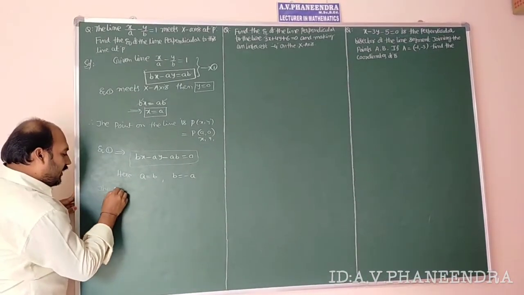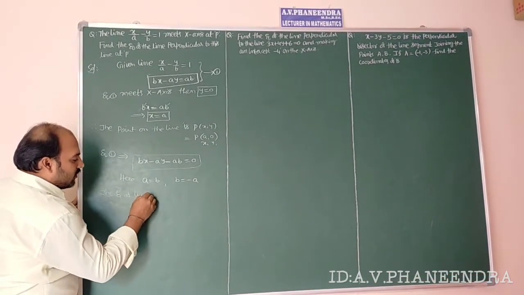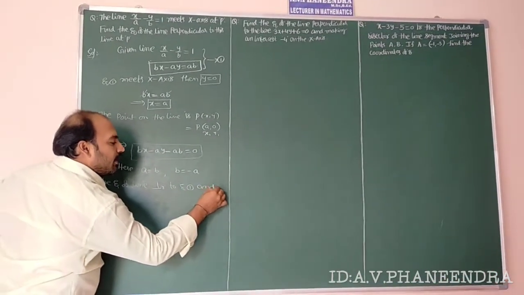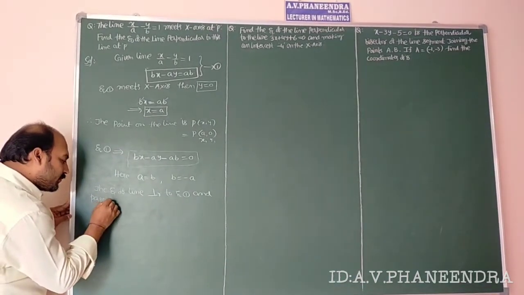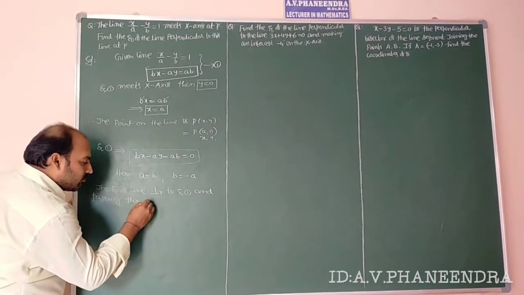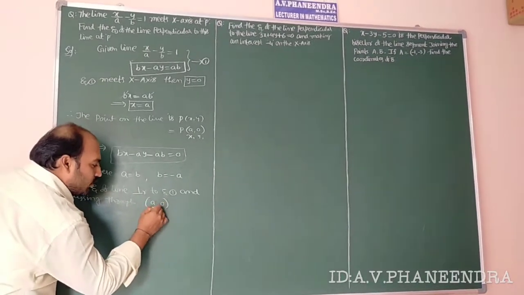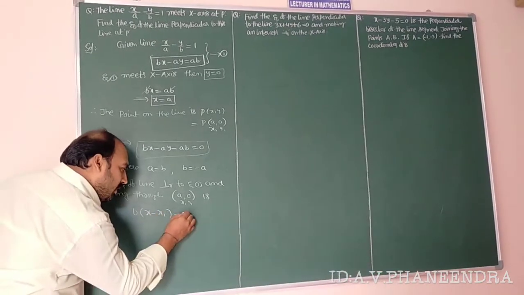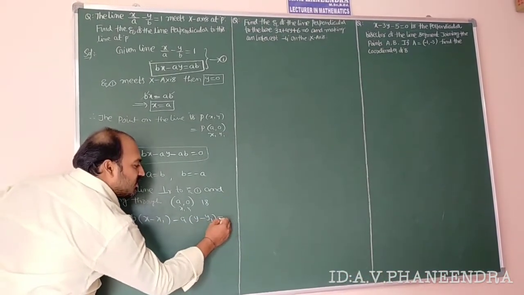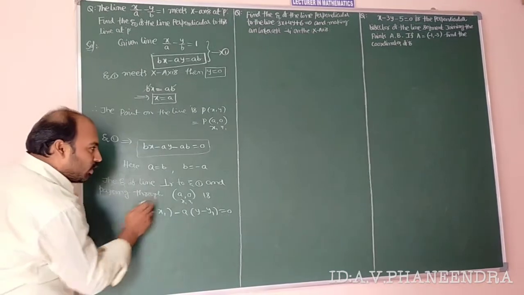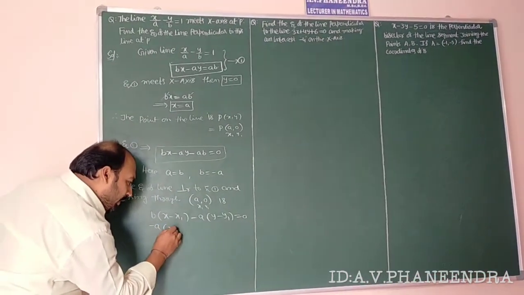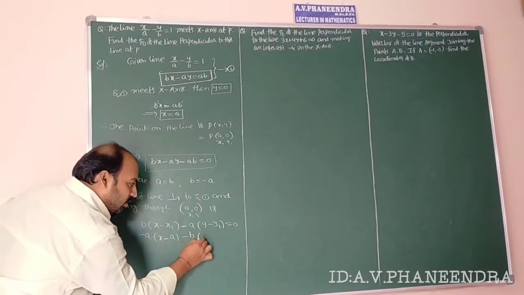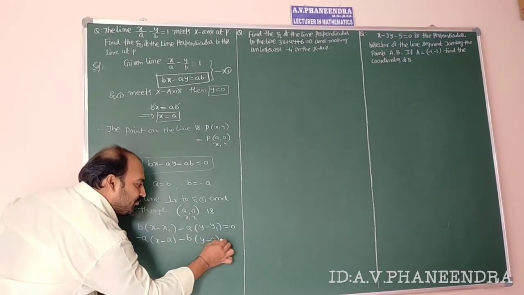The equation of line perpendicular to equation 1 and passing through (a, 0), this is (x1, y1), is b into (x minus x1), the general formula I am writing, minus a into (y minus y1) equal to 0. What is b? We know that b is equal to minus a. Minus a into (x minus x1), x1 value is a, minus a value is b, y minus y1, y1 value is 0.